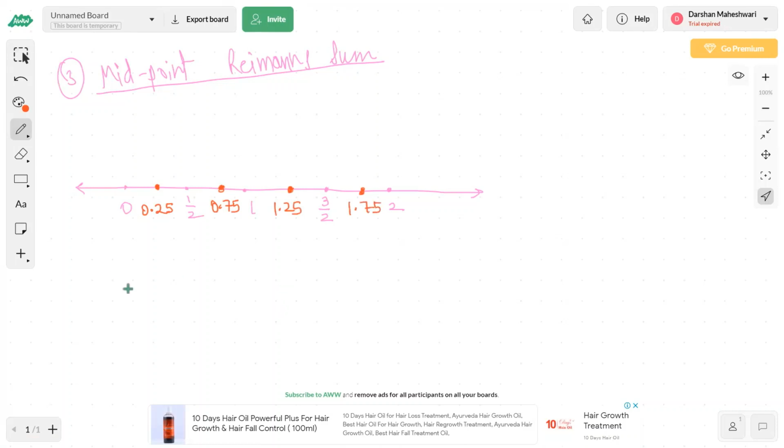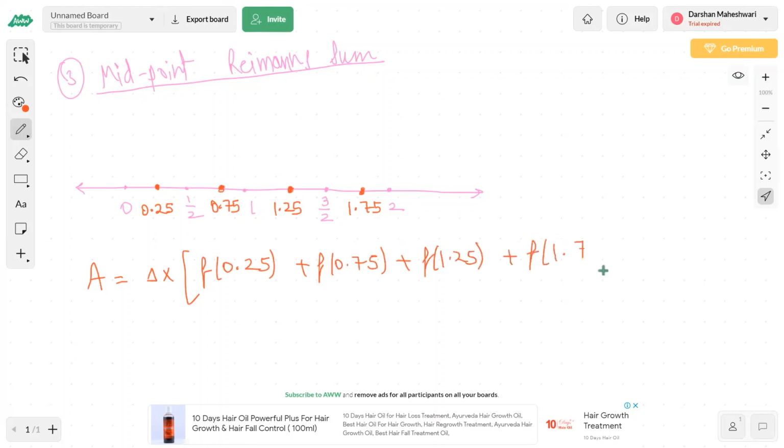All right, so the formula is very similar. Area will be delta x times, now we start from the midpoint. So we have f of 0.25 plus f of 0.75 plus f of 1.25 plus f of 1.75. Let's find all the values over here.